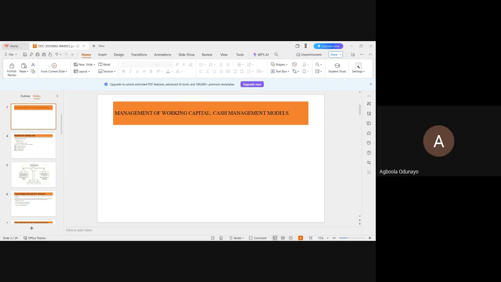Because it can be most easily accessed. It is ready to use for anything, for any transaction. Okay, yes. Cash can be used to offset current liabilities.